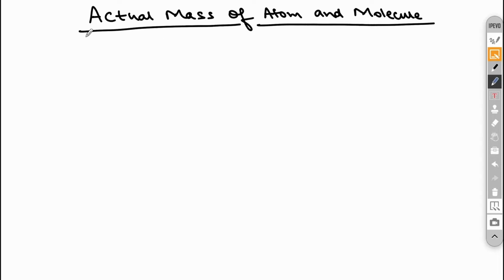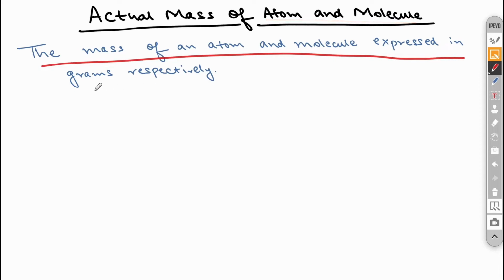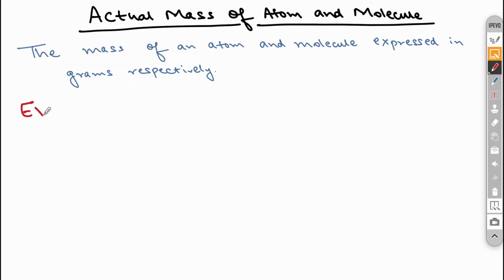So the definition is the mass of an atom and molecule expressed in grams respectively. So for atom, it is mass of atom expressed in grams, and for molecule, the actual mass is mass of molecule expressed in grams.